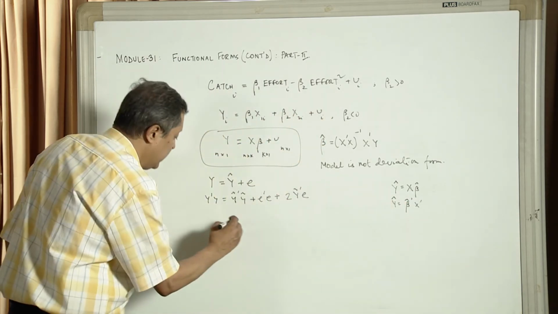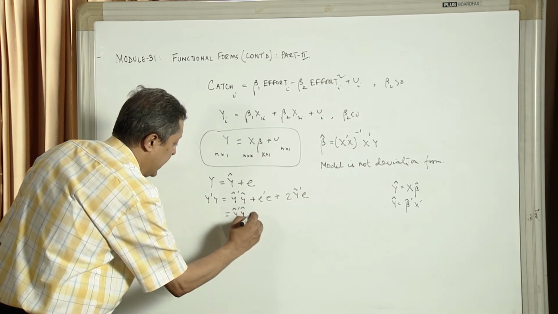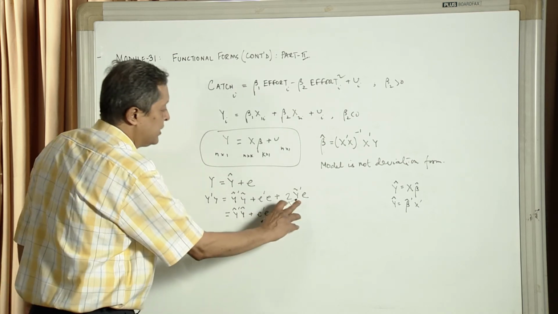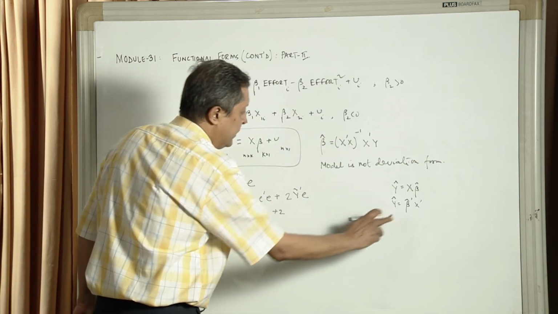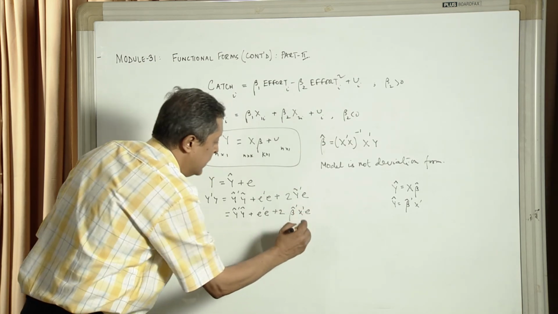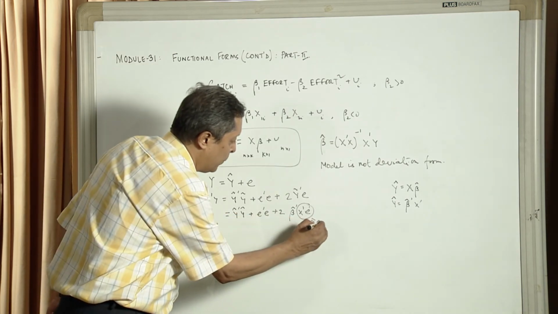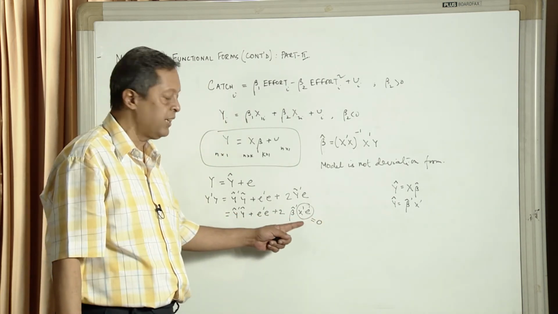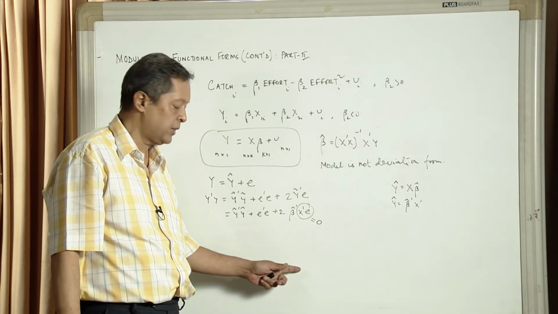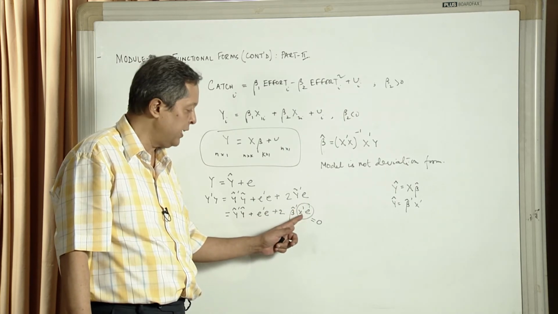If you substitute here, then we get y hat prime y hat plus e prime e plus twice beta hat prime x prime e, but that x prime e is equal to 0. If you recall earlier modules, that is basically the matrix formulation of the normal equations. These normal equations are represented in matrix form as x prime e.